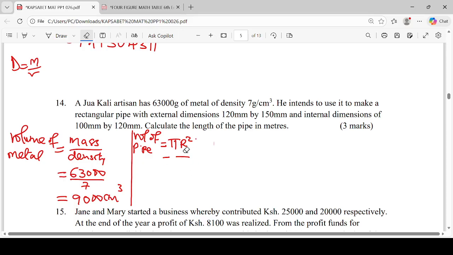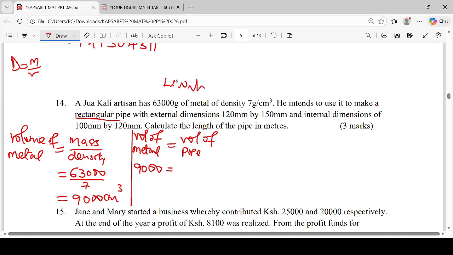So here, what we need to understand is that the volume of the metal is equal to the volume of the pipe. And the volume of the metal is 9,000, which is equal to the volume of the pipe. Because this is a rectangular pipe, the volume is given by length times width times height.